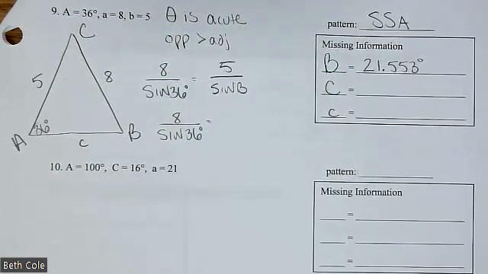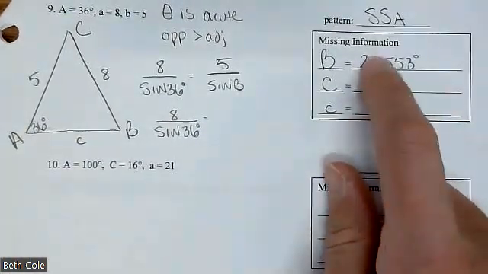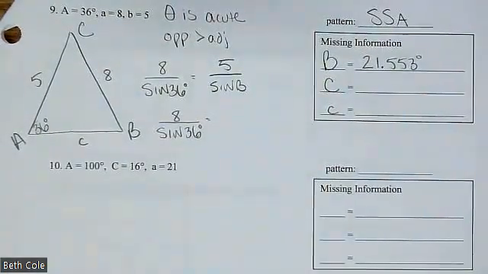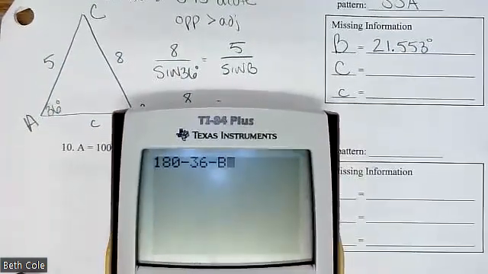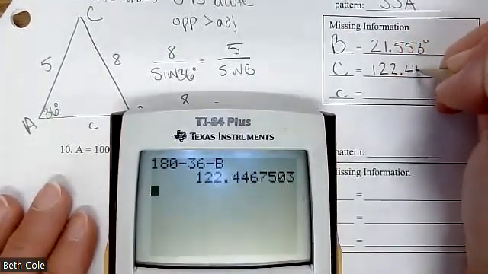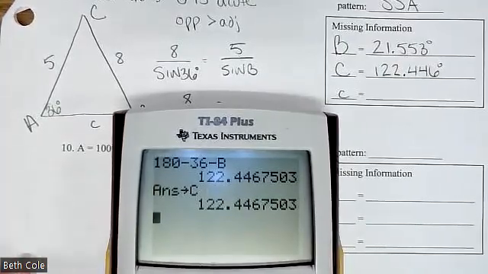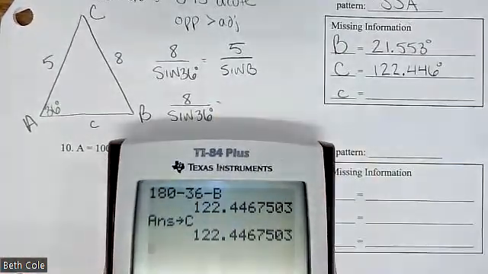All right. So we're going to do 180 minus 36 minus, and you should have stored that as B. So minus alpha B, it should look like this. That'll give you C. Can anyone confirm they got the same thing as me? Okay. Store that as C. And then we've got that one last problem that we already set up here.